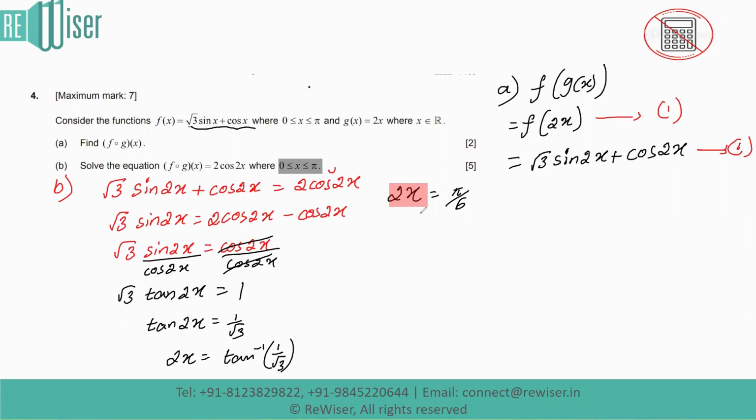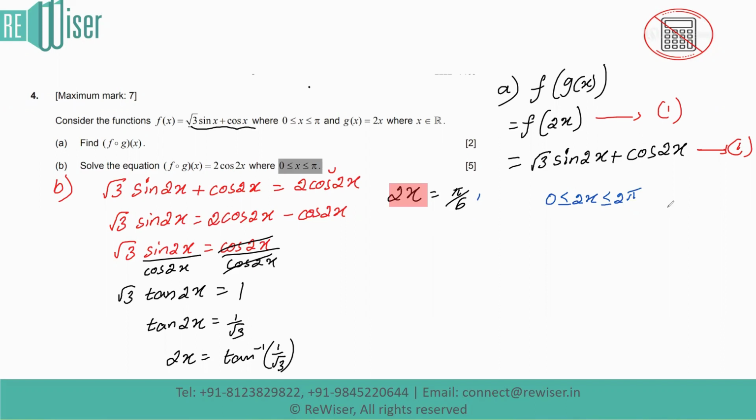When I do that, I'll get 0 is less than or equal to 2x is less than or equal to 2 pi. So the new domain for 2x would be 0 to 2 pi, because the domain for x was 0 to pi and I have just multiplied throughout by 2. So all possible answers need to be found for 0 to 2 pi.